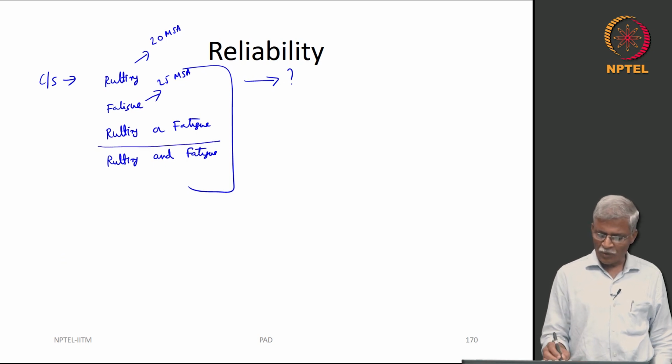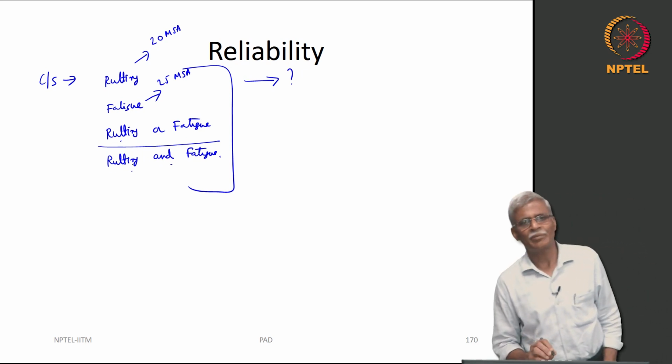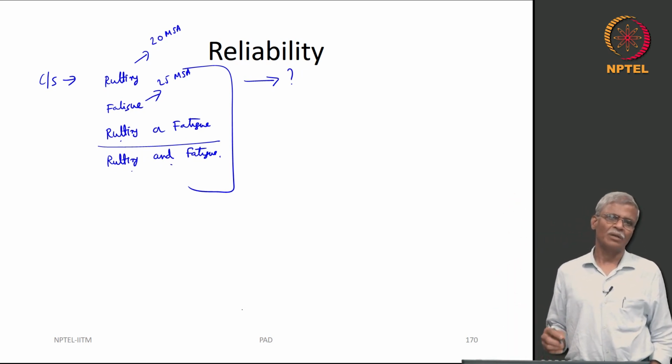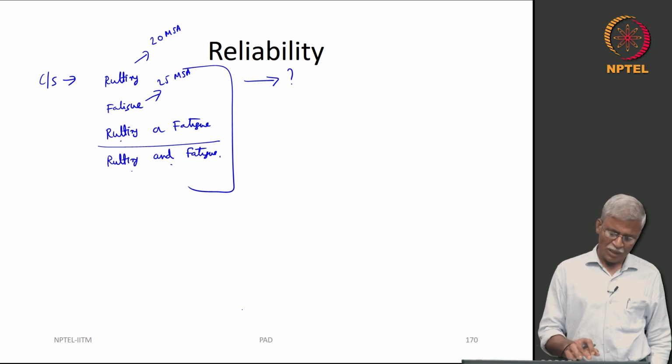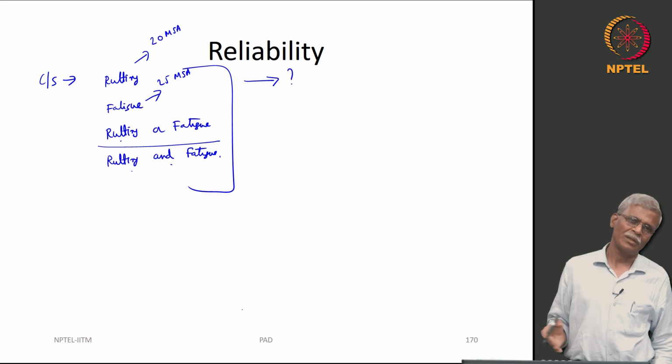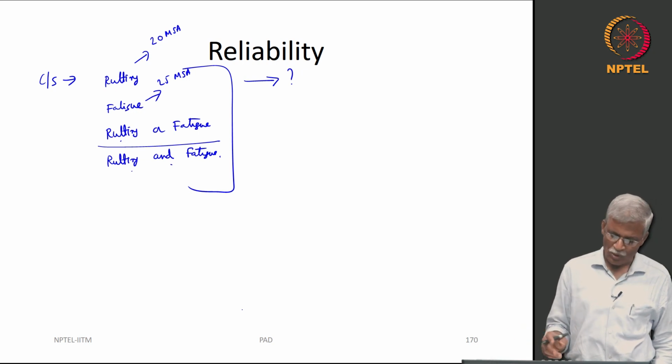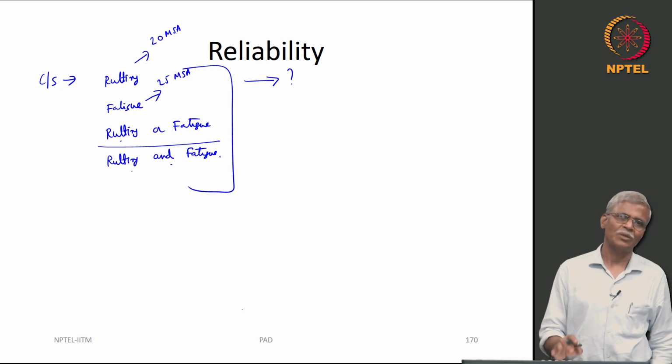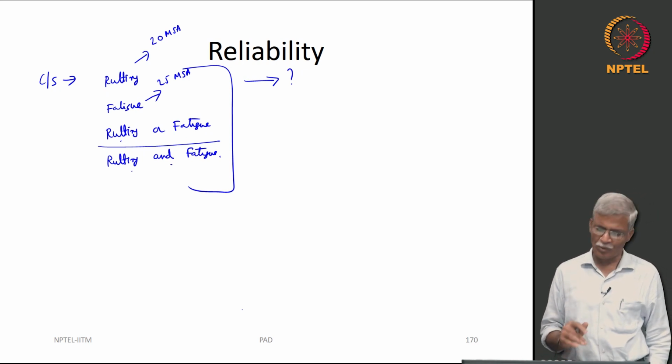Now, the question that you want to ask is either rutting or fatigue, which one you want, or rutting and fatigue. So, that means if we are going to be rutting and fatigue, most likely you are going to say that 20 MSA traffic will fail this pavement. If you say rutting or fatigue, you can actually say okay, so let me take a risk, so I can go up to 25 MSA. So, what is the reliability associated with all these things? So, that is something that you can do.